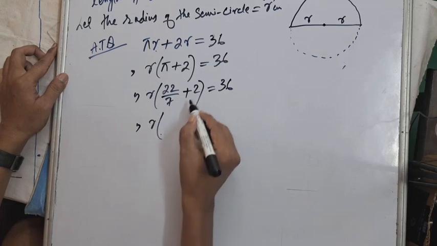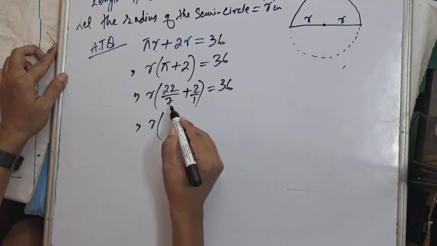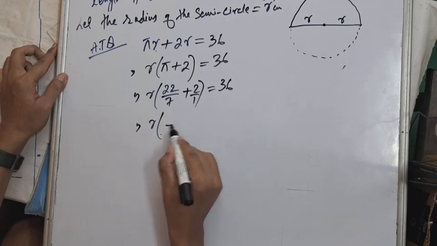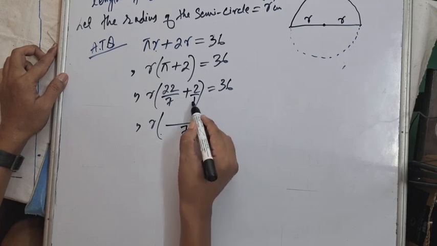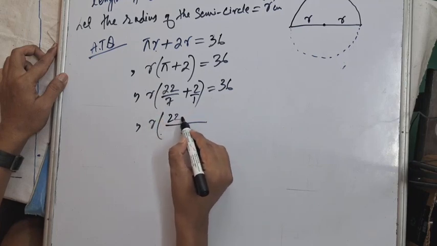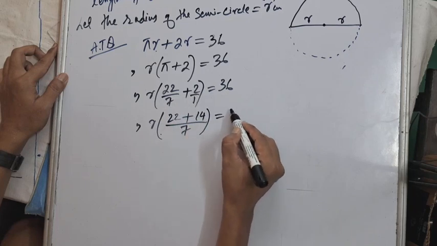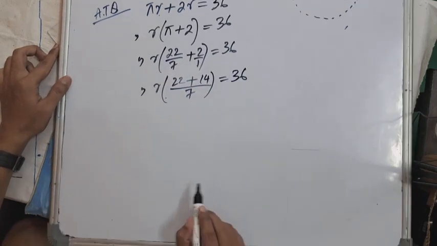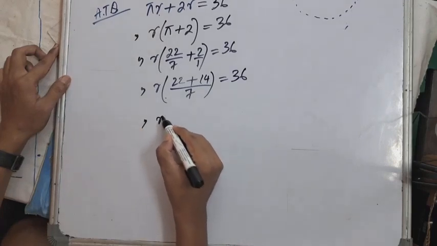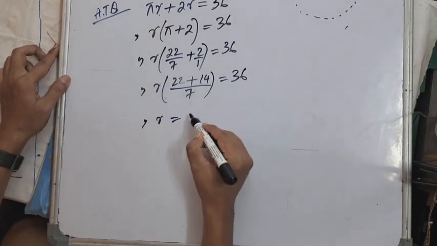Here we have 1 in the denominator of 2, so we take the LCM of 7 and 1. LCM is 7. 1 into 22 is 22 plus 7 into 2 is 14, over 7, times r equal to 36.